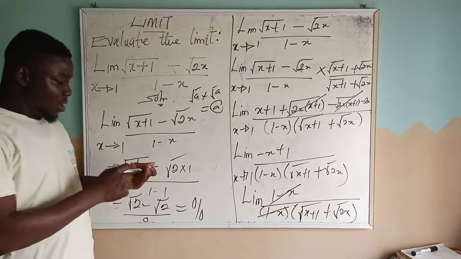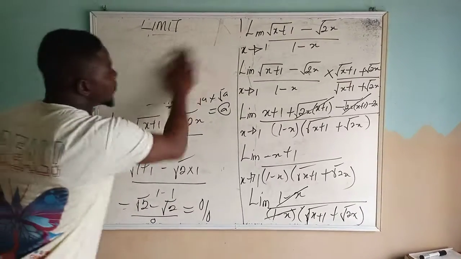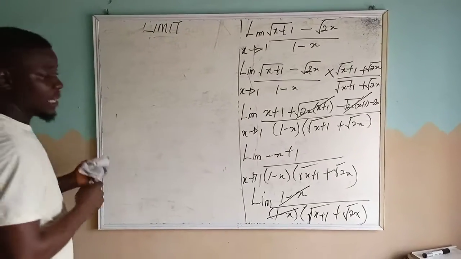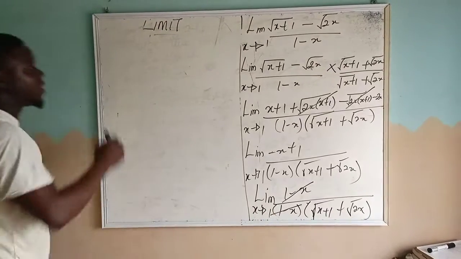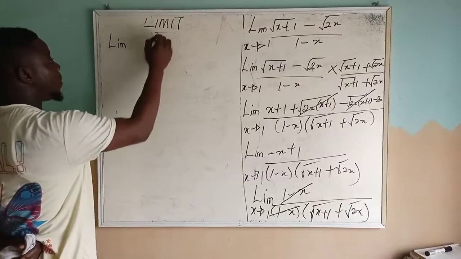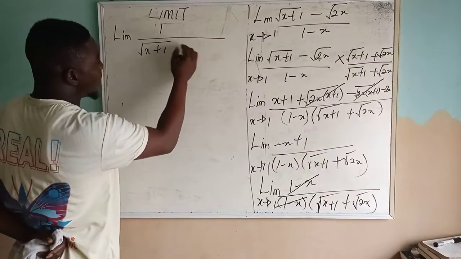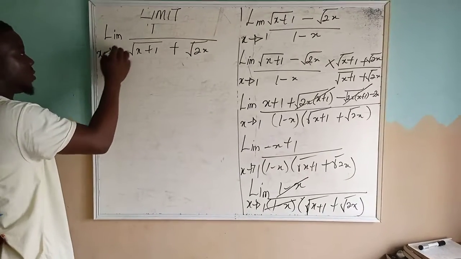Okay? Alright. And then you'll be left with, don't forget your x is approaching 1 here, the limit of 1 over the square root of x plus 1, and then being added to the square root of 2x as x tends to 1.